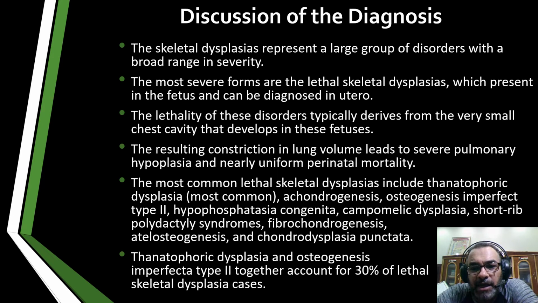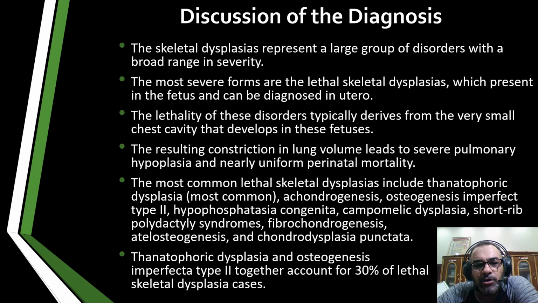The most common lethal skeletal dysplasias include thanatophoric dysplasia, which is the most common type, achondrogenesis, osteogenesis imperfecta type 2, as in this specific case, hypophosphatasia congenita, campomelic dysplasia, short rib polydactyly syndrome, fibrochondrogenesis, atelosteogenesis, and chondrodysplasia punctata.